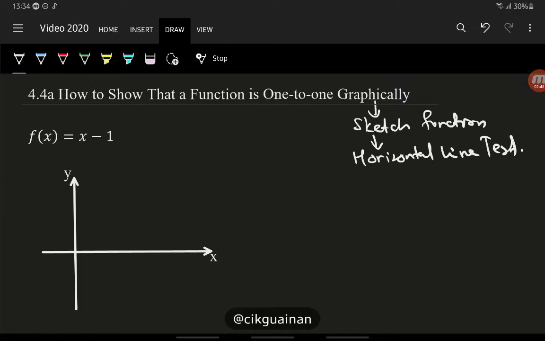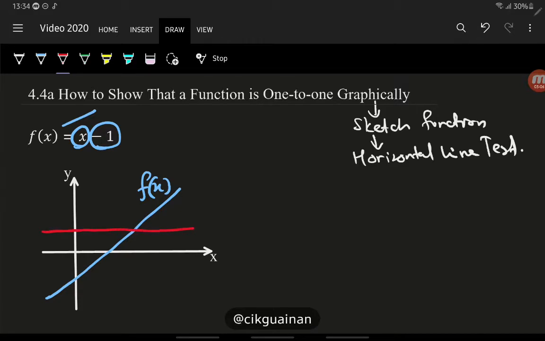Now let's get started with this one. This one means that it goes up to the right, and then it will go through -1. So it's supposed to be like this, and this is labelled our function f(x). For this line, you sketch a straight horizontal line over here, and then label it y equals k.